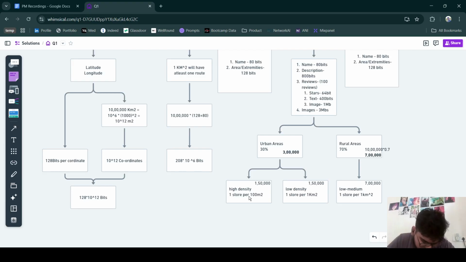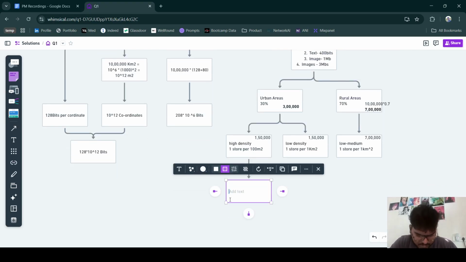So it will be around one store per 10 raised to power minus, it will be around 100 divided by 1000 square. It will come around 0.06.